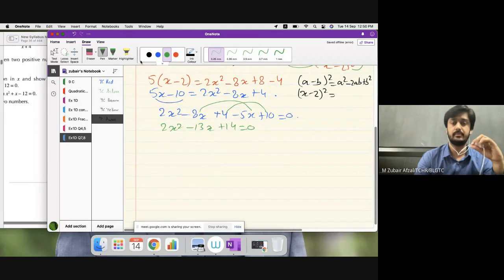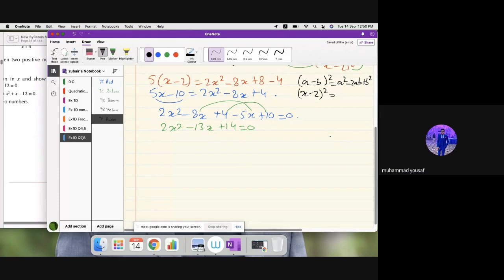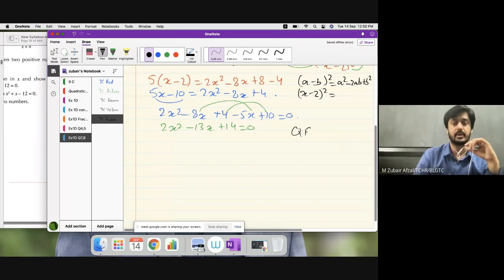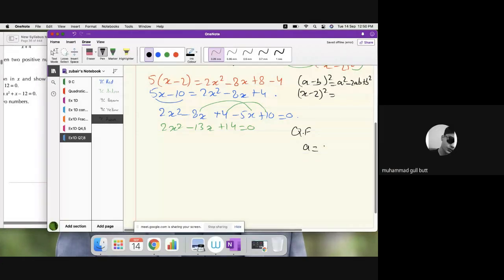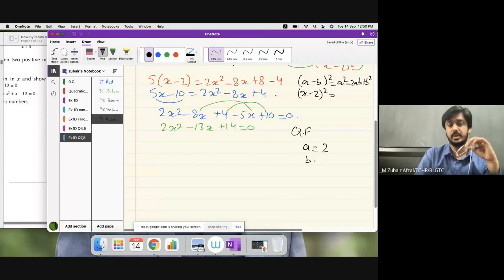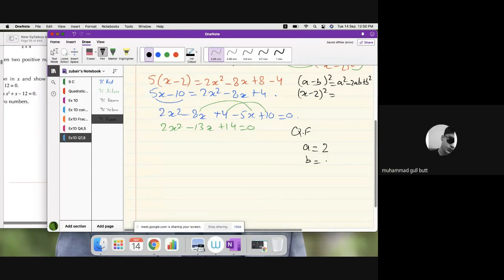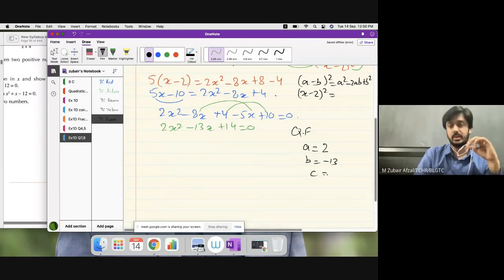Choose one. Quadratic formula, that's right, because the answers are in decimals or the numbers are large enough that middle term breaking is hard to think of. What is the value of A? 2. What is B? B is 13 and C is 14.